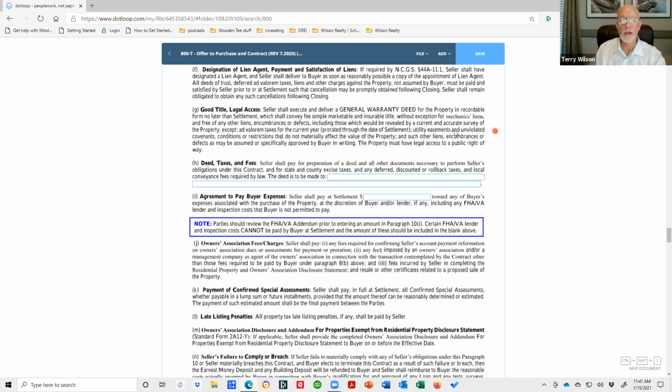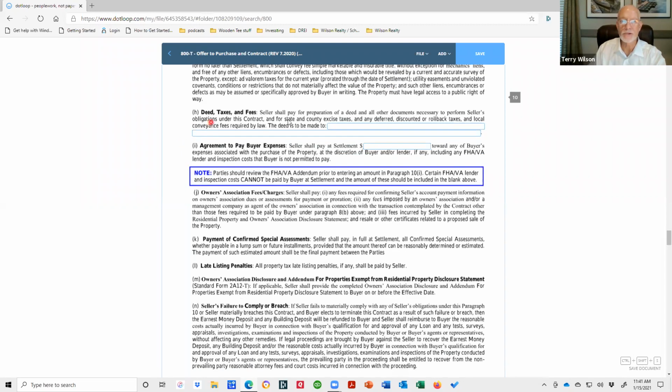Utility easements and unviolated covenants, conditions, or restrictions that do not materially affect the value. So in other words, if there's a utility easement on the property, it just runs with the land. I'm not going to protect you from that. The property must have legal access to a public right of way. It can't be landlocked.